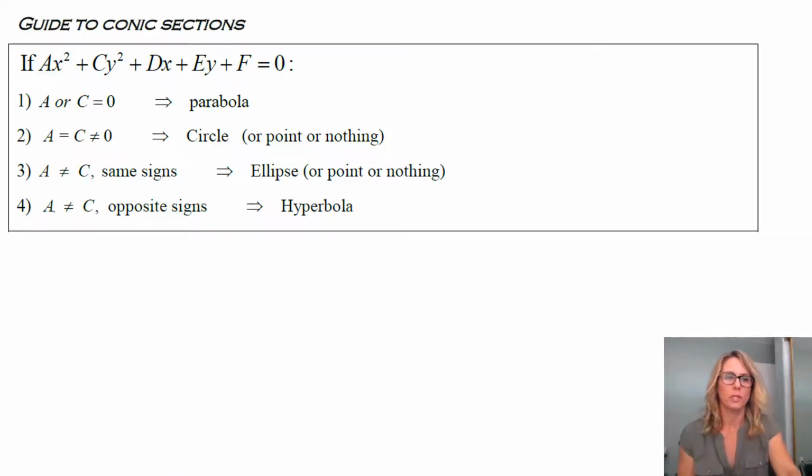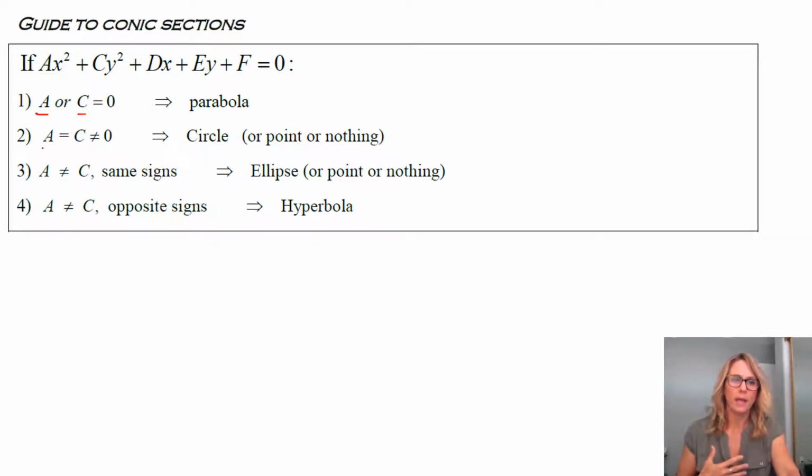So there's a few different situations here. If A or C equals 0, so notice it's or. If A was 0, you'd have a y squared but no x squared. If C were 0, you would have an x squared but no y squared. So by only having one x squared or one y squared, that should tell you that you have a parabola.